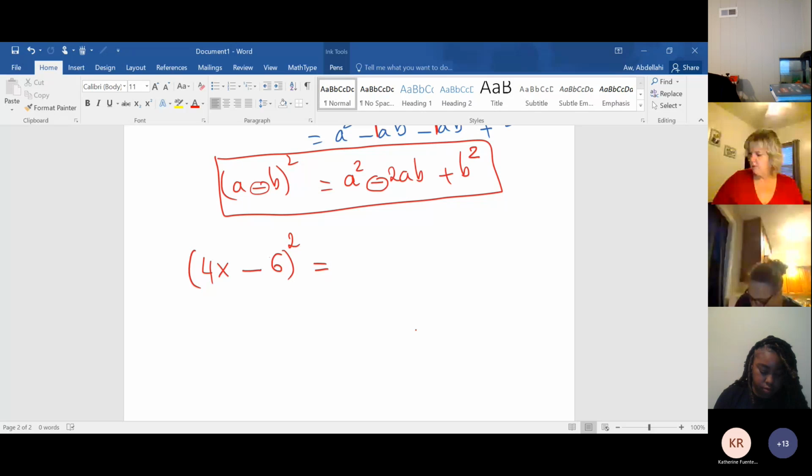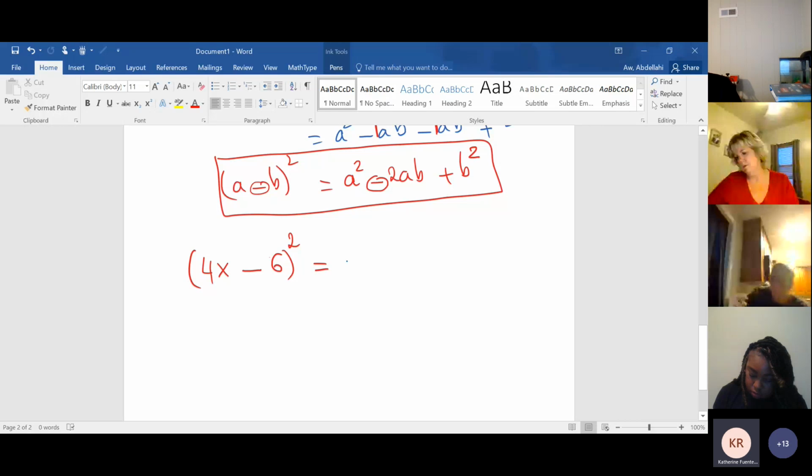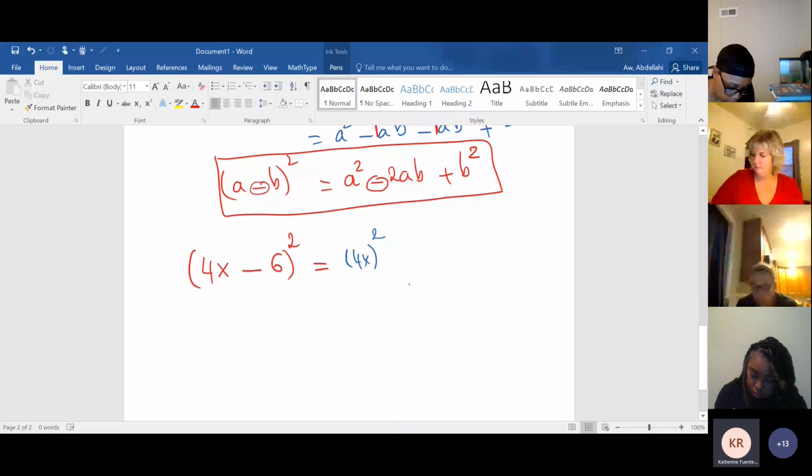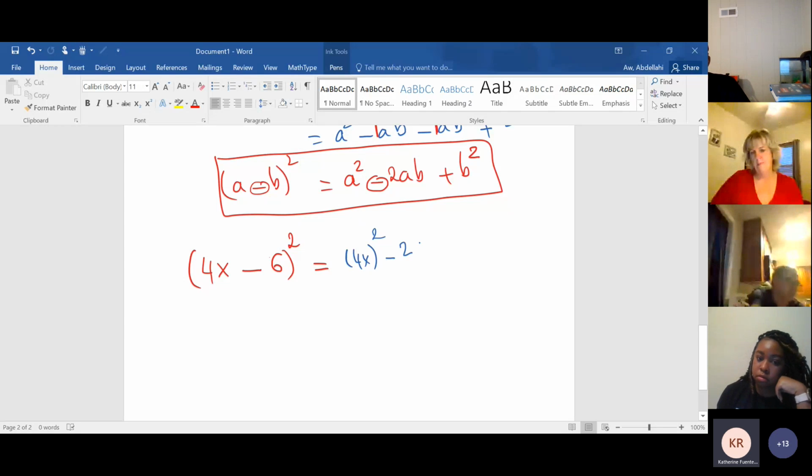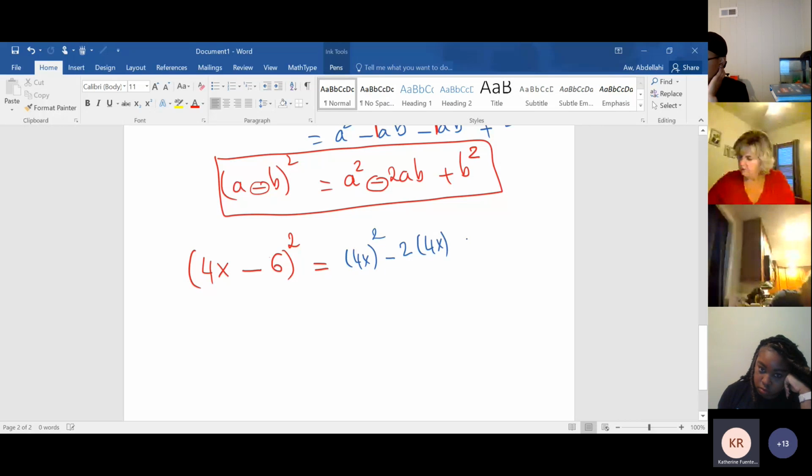Who tells me the first term will be what? I did parentheses 4x squared. Thank you. That is absolutely right. What is the middle one? In the middle, what do you do? I did negative, well, I did negative 2, parentheses 4x, parentheses 6.